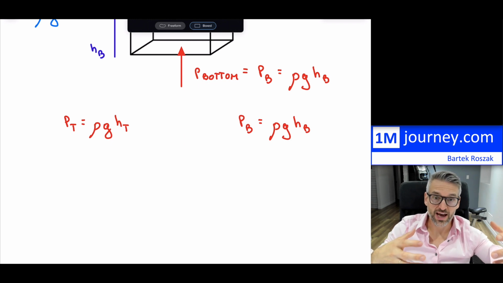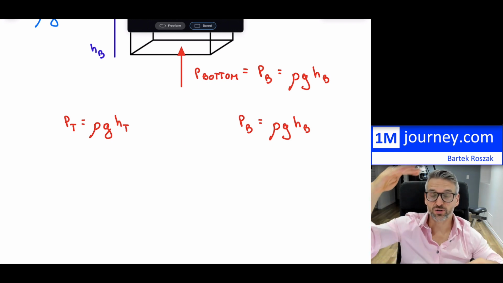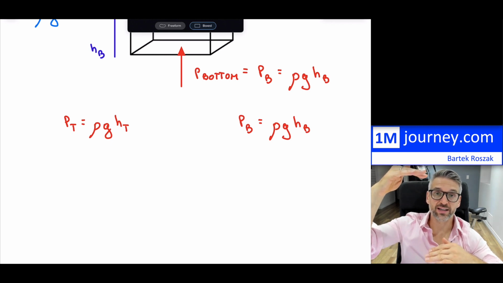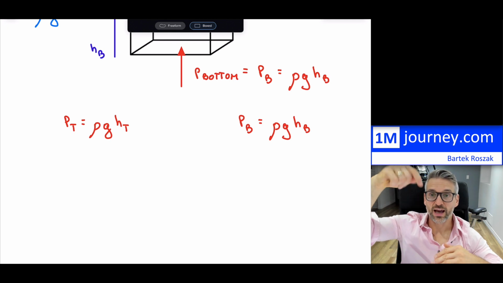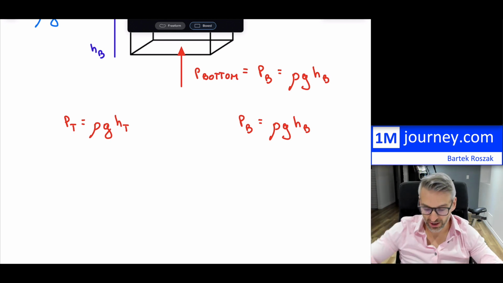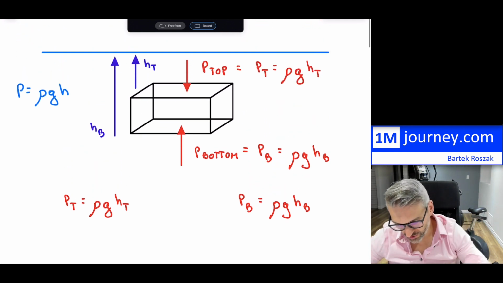And the answer is yes. Because if there's pressure on top and pressure at the bottom, and these two pressures are not identical, so they don't cancel each other out, then there must be some force up on top pushing it down, and also a force pushing it up, coming from those pressures.